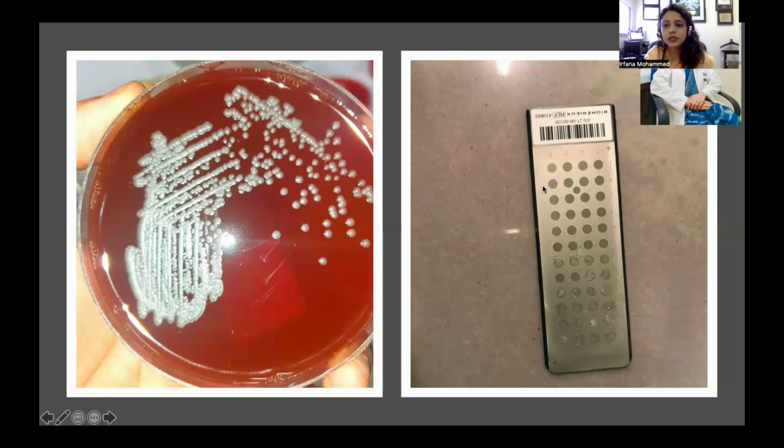It compares the genetic material with the database in the background, and then it gives the percentage concordance, like 95 to 97%, and that's how you identify the organism. Sometimes Vitek2 can misidentify some organisms, like Burkholderia as Acinetobacter or Pseudomonas, and you can confirm it with MALDI-TOF.